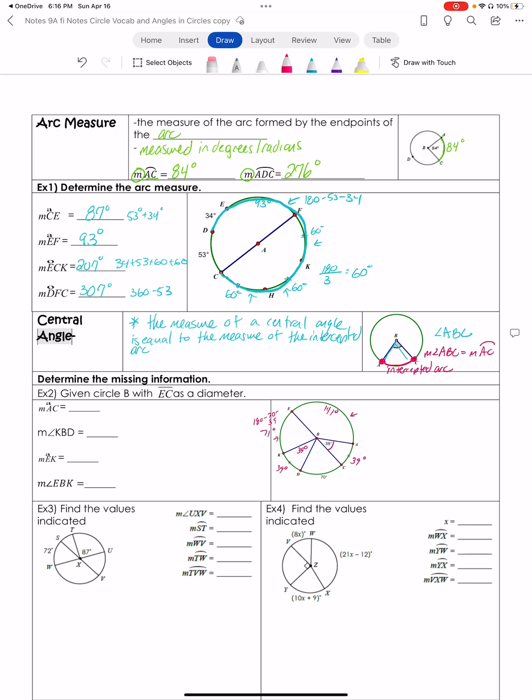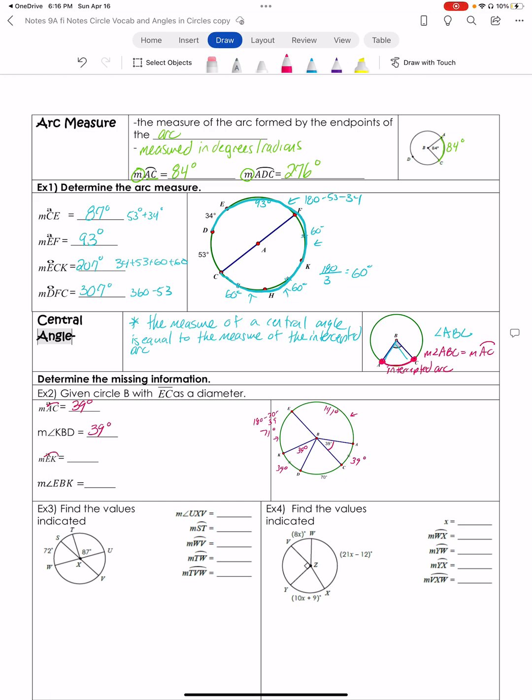And like I said, I like to find all of those before. So this asks you to find the measure of arc AC, which is equal to your 39 degrees because they were congruent to each other. Angle KBD is equal to 39 degrees because of the intercepted arc.